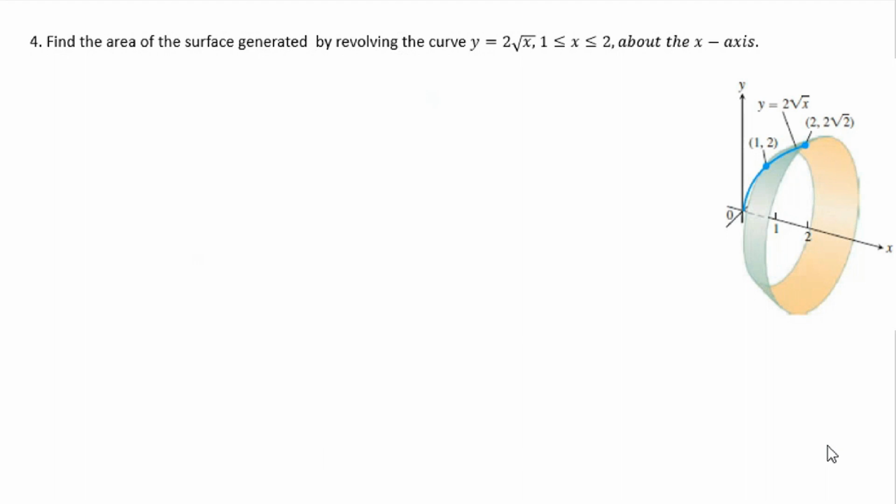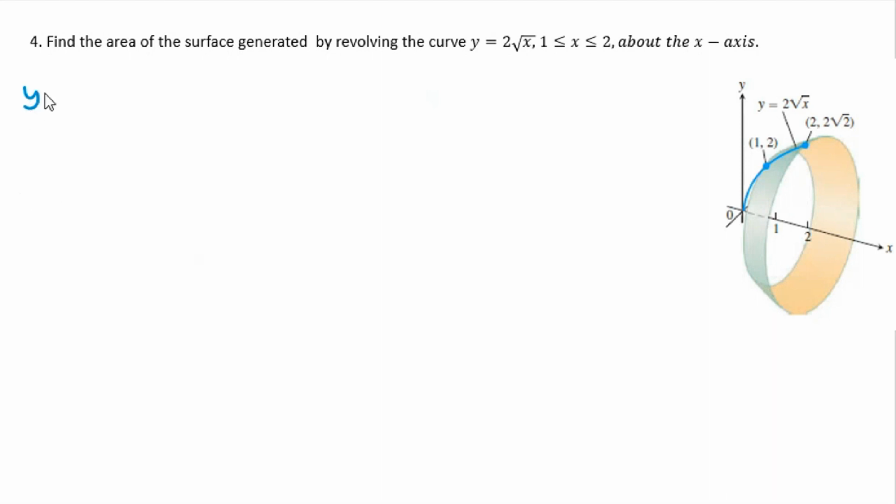Number 4, find the area of the surface generated by revolving the curve y equals 2 square root of x, where x is greater than or equal to 1 and less than or equal to 2, about the x-axis. To solve for this, first we're going to find the derivative of y.